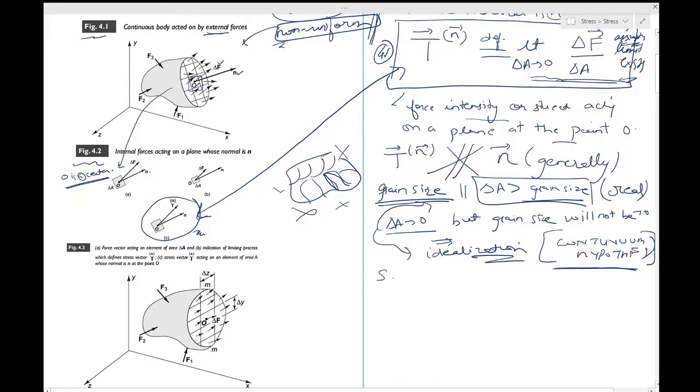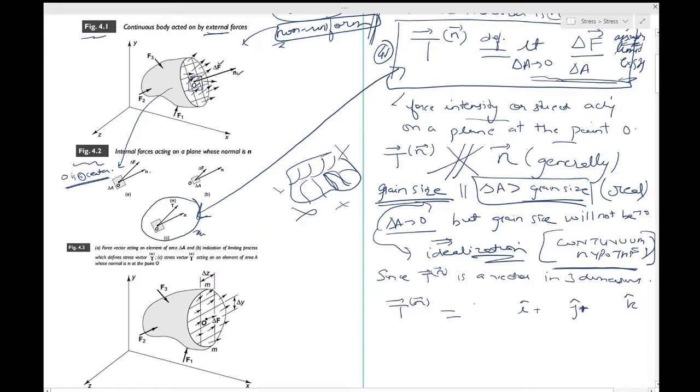Now this is what you do next. Since Tn, the stress vector, is a vector in 3 dimensions, you can write this vector, or any vector, in the form i cap plus j cap plus k cap. There are three components of any vector: one along the x direction, one along the y direction, and one along the z direction.